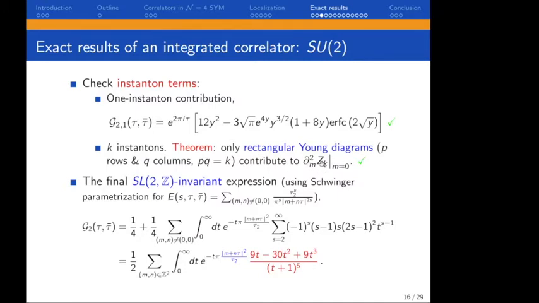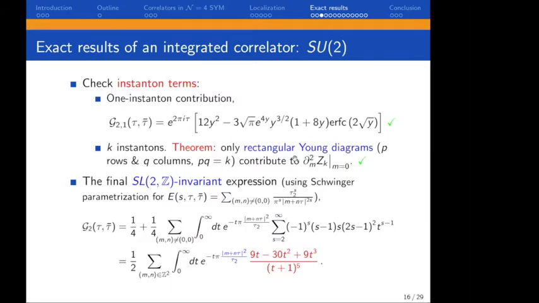For this object, we proved in our previous papers that only a particular set of Young diagrams contribute. That simplifies the story dramatically. In particular, only so-called rectangular Young diagrams, with P rows and Q columns, such that P times Q is k for k instantons.